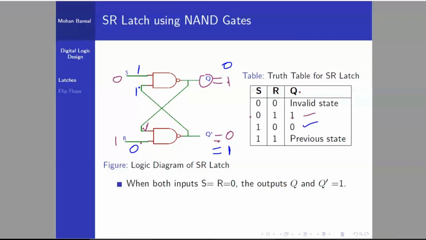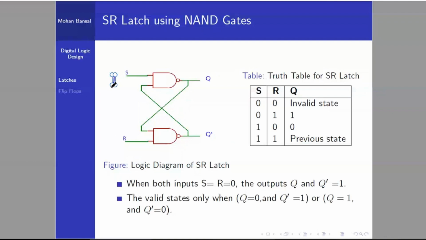If we talk about the last state, that is S is 1 and R is 1, what is the output? It is a little difficult, not too much, but somewhat different from the other conditions. Here if we consider 0, we will get 1.